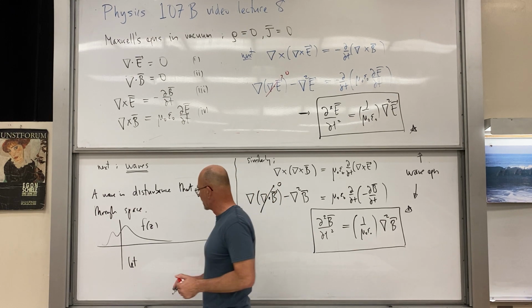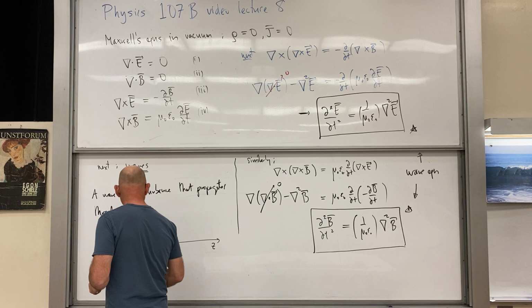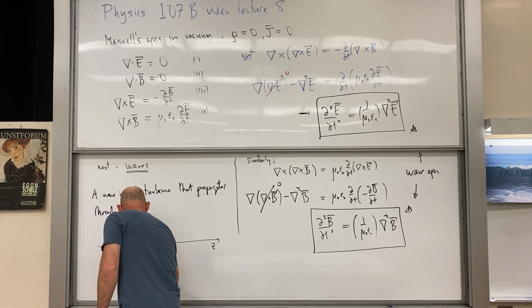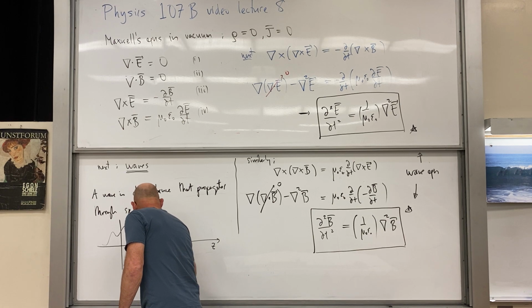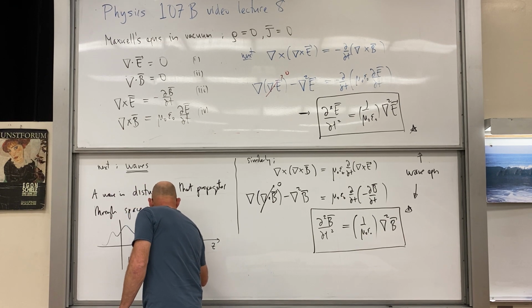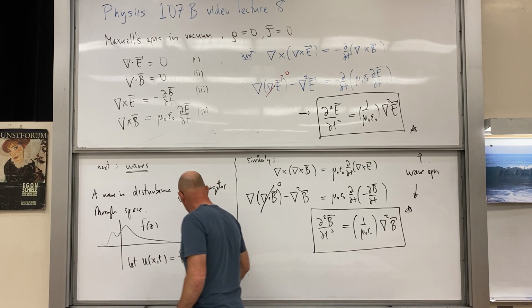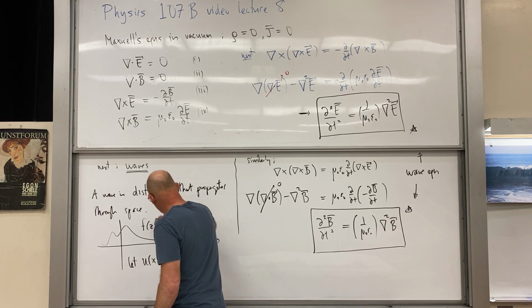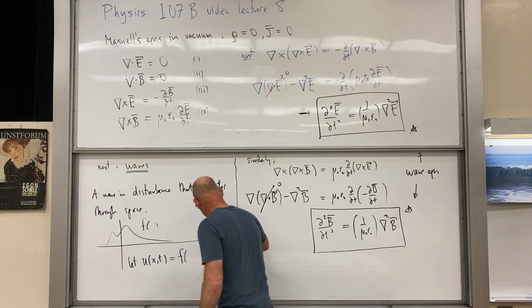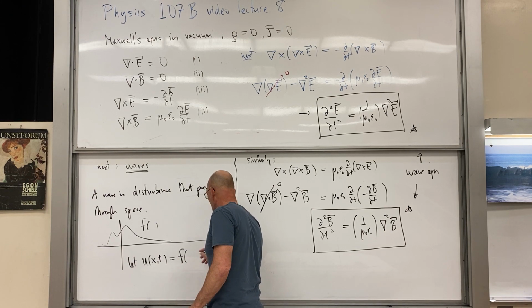Still using f. Okay. Well, no, let's go ahead and let u of x and t equal f. And now I have to make up my mind, right? See what happens if we use x.